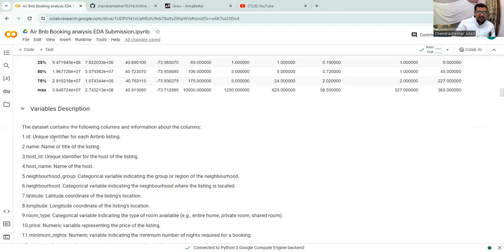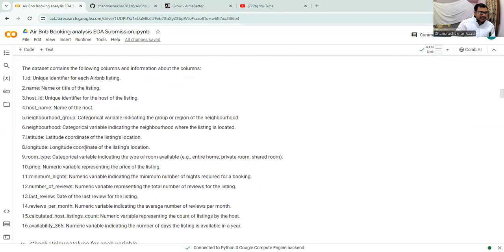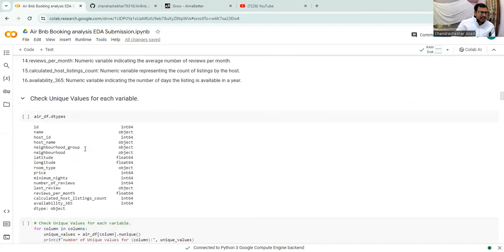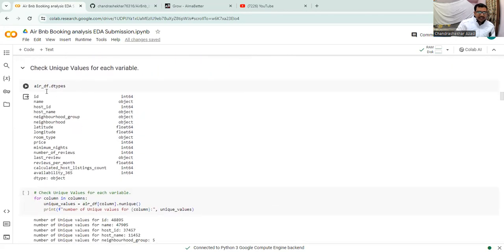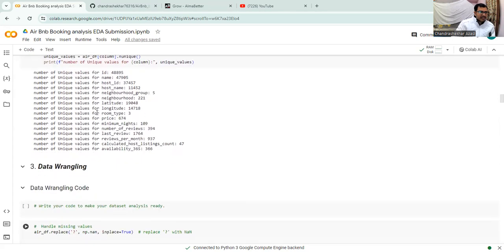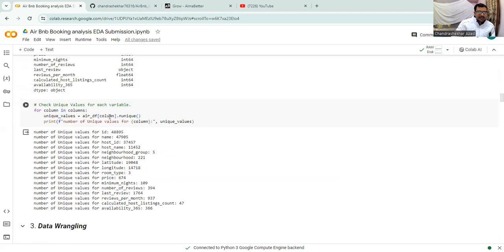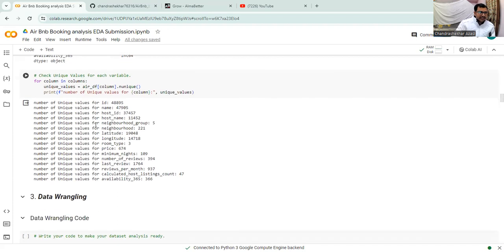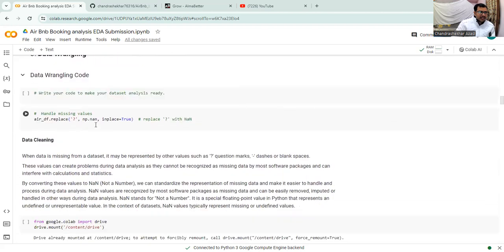So here is the description of the variables contained in the dataset. Here the .dtypes method shows the names of the different columns and the data types present in the columns. This also shows the number of unique values present in the dataset or columns.